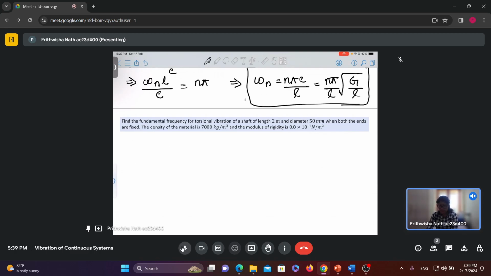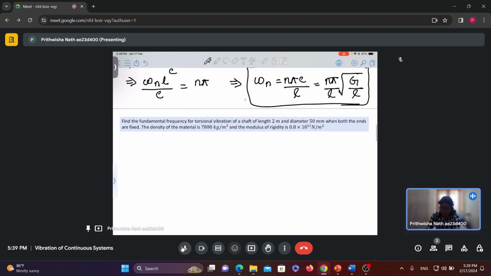The density of the material is 7800 kg per meter cube and the modulus of rigidity is 0.8 into 10 to the power of 11 Newton per meter square. So here we are given a shaft which has both ends fixed.